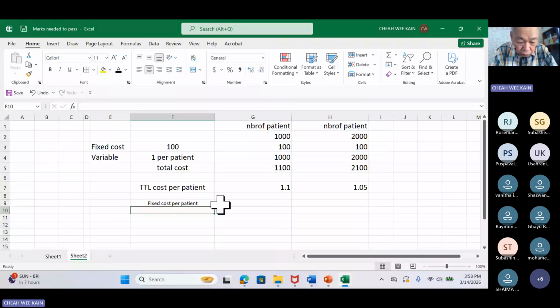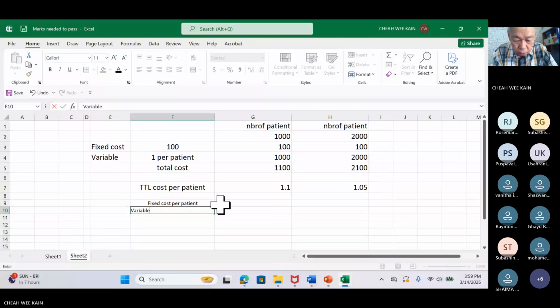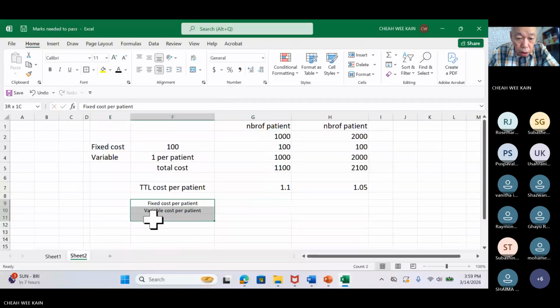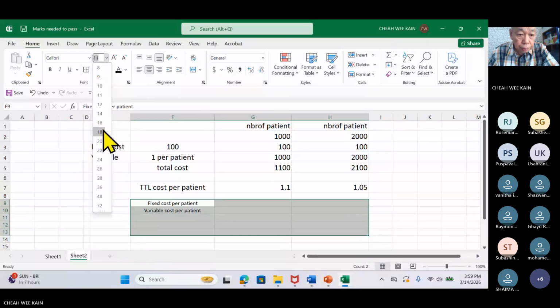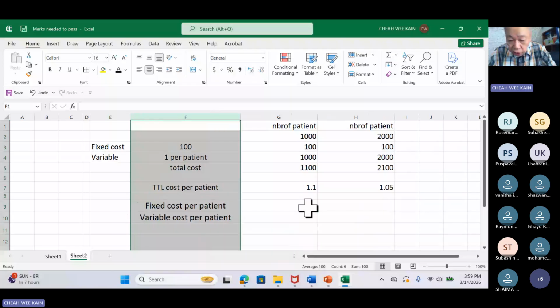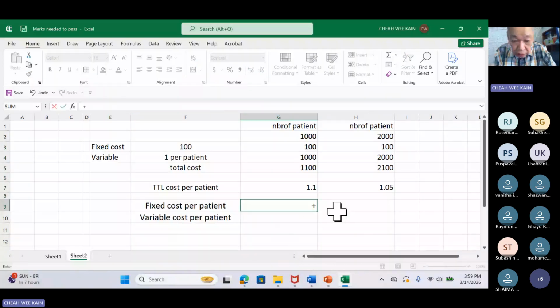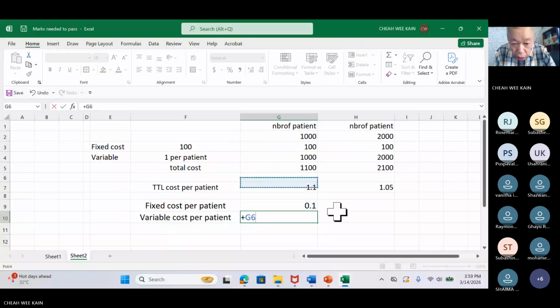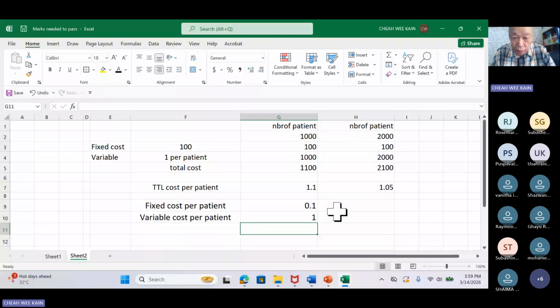And what is the variable cost per patient? So the fixed cost divided by the number of patient, plus the variable cost per patient. That's why the total is 1.1.